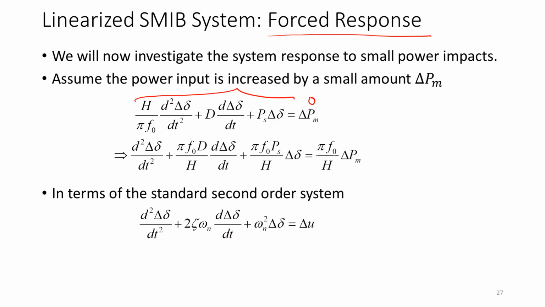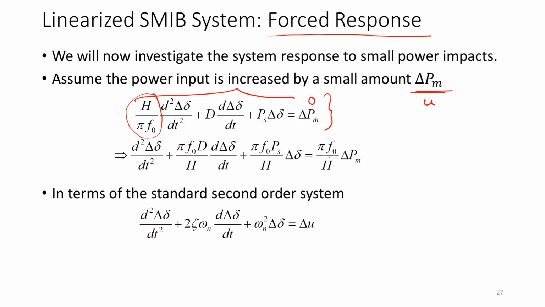Now we are assuming that we increase the input by a very small amount, delta P m. This is nothing but my U, that is my input. Now we'll see what happens with this format. As you know from your previous class, the coefficient of d square del delta by dt squared has to be 1, so you divide the entire expression by H by pi f naught.